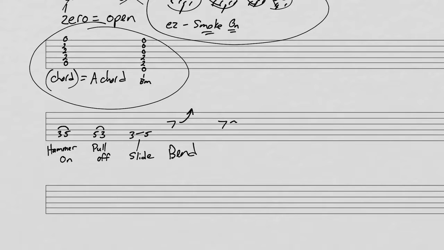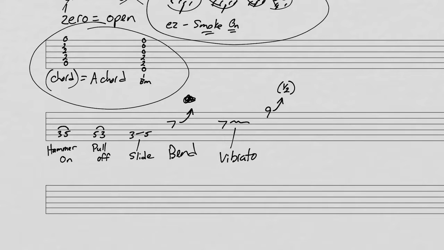Okay, if I wrote this next to it, that means vibrato. Okay, if I wrote something like this, let's say I wrote 9 on the 1st string, and I wrote a bend, but I wrote something like this, that means only bend up a half step, where this one over here generally means you're bending up a whole step, which is what we usually do with bends, is bend them up 2 frets.